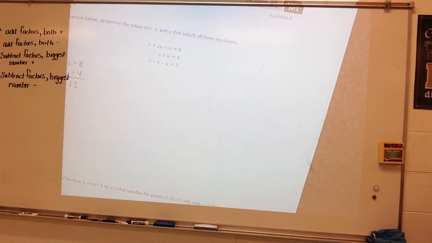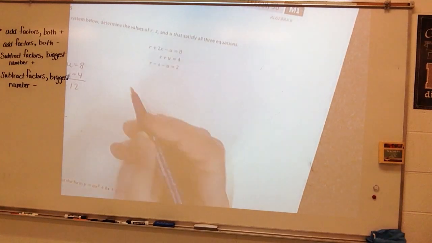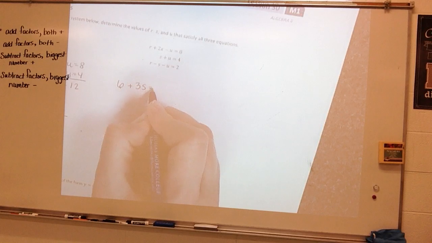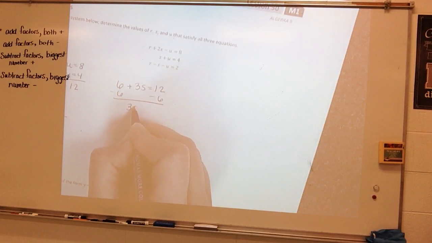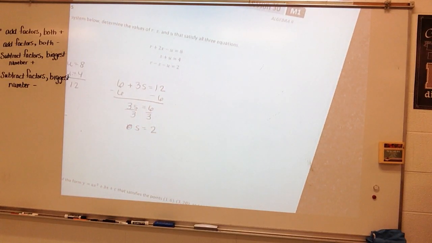Substituting this into the first equation and adding it to the second gives us, so we've already added the second one together, so now let's plug in R, and that's going to give us S. So 6 plus 3s is equal to 12. Subtract, I get 3s is equal to 6. Divide by 3 and s is equal to 2.